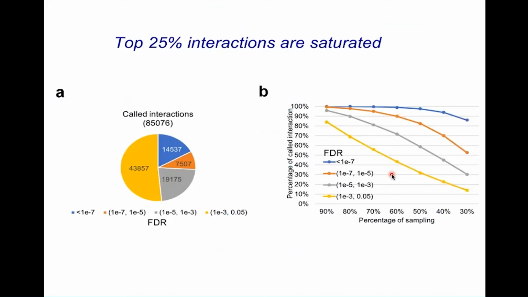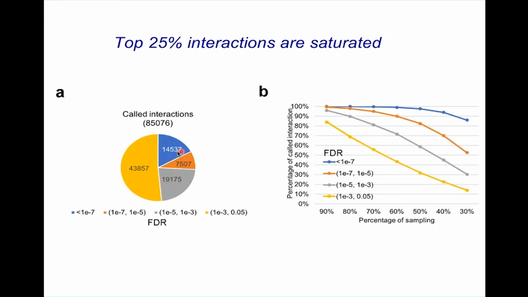For this question, we separated these interactions into different categories based on their significance. The highly significant ones are blue and dark orange. These two categories occupy 25% of all interactions, and then the less significant and the least significant.